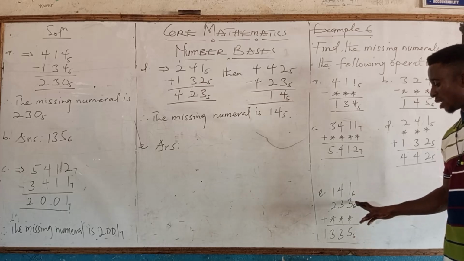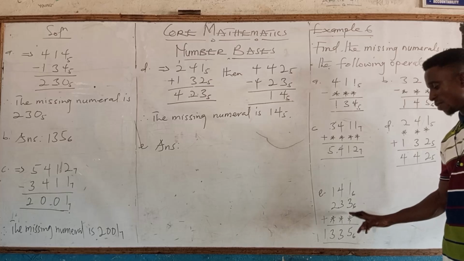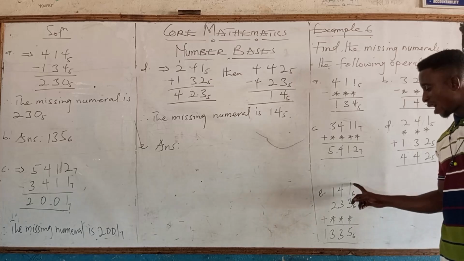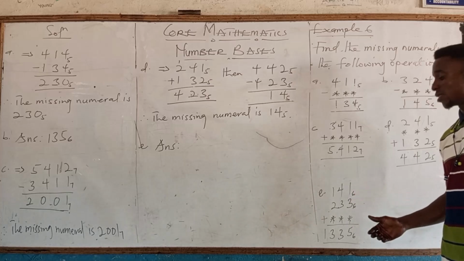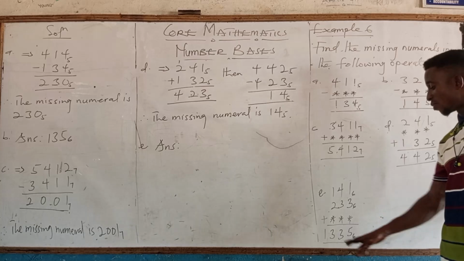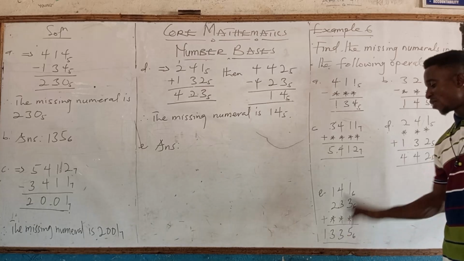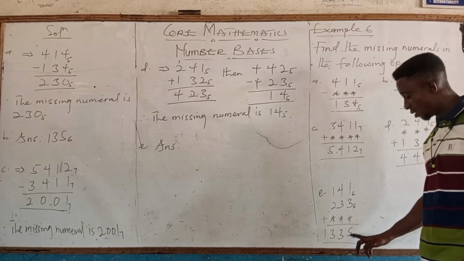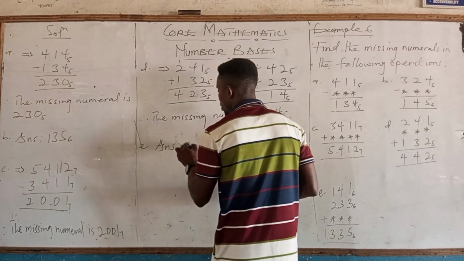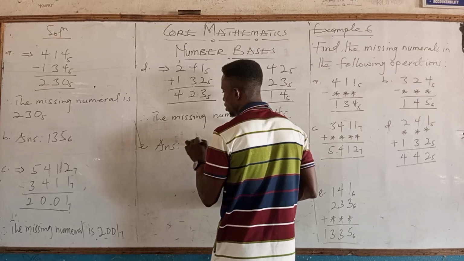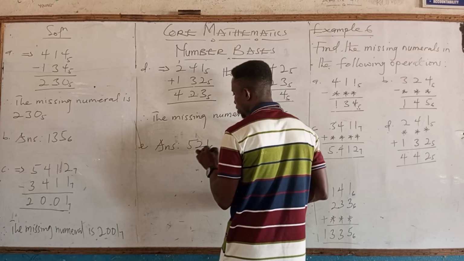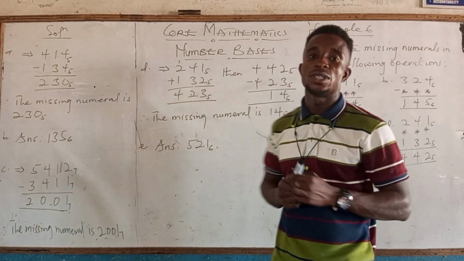I add this to this and subtract it from that, and I'll get the missing one. Meaning if I add this one to this, the number I'll get will still be smaller than this one. So I'll subtract it from this, and I'll get 5, 2, 1 base 6. And that's what you are going to get.